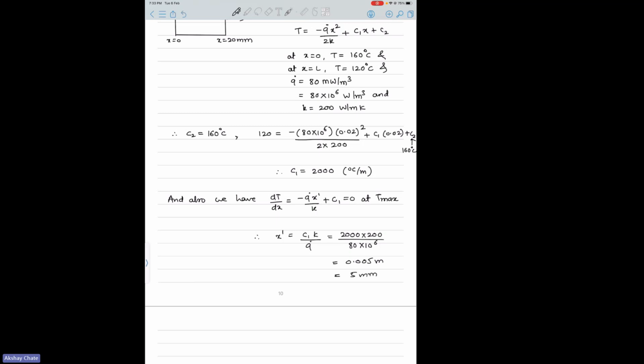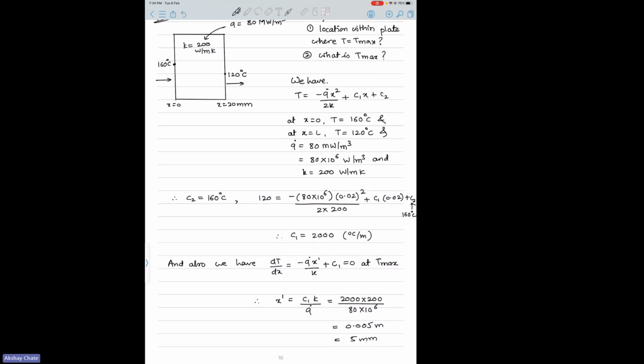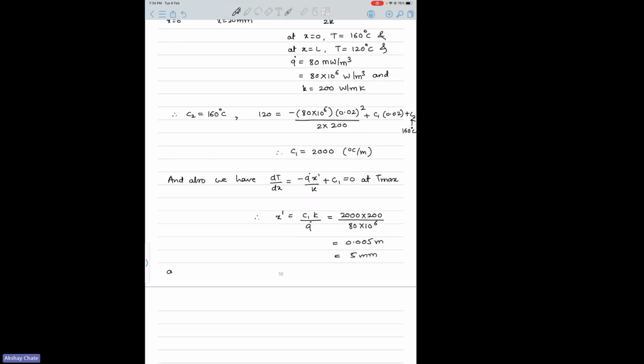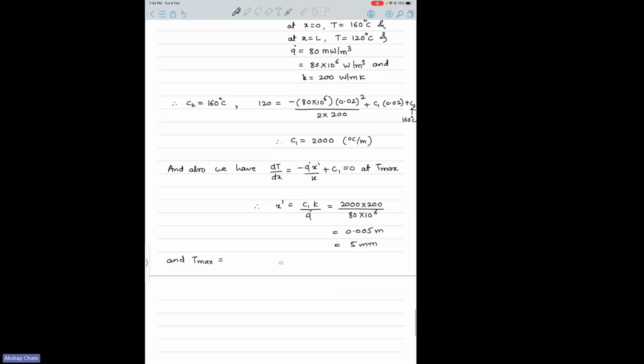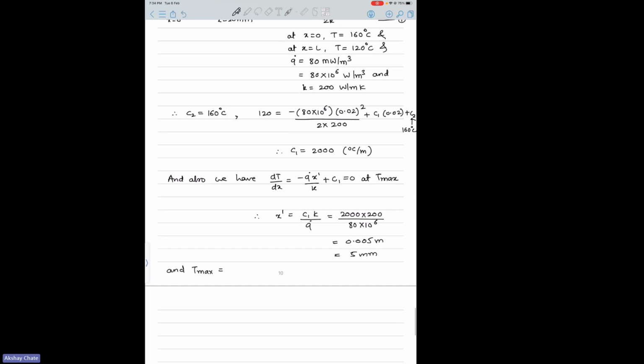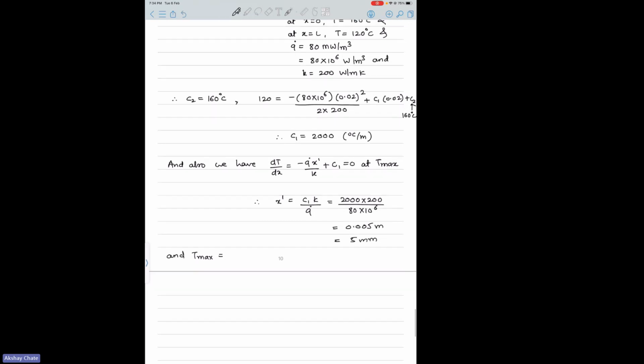So basically from x equal to 0, at 5 mm you will have the maximum temperature. Now Tmax: we have to put x equal to 0.005 meter in the temperature equation, which is equation 1, and you get Tmax.